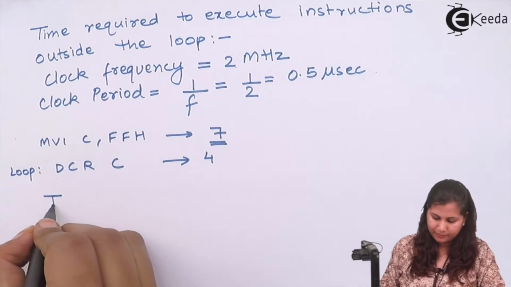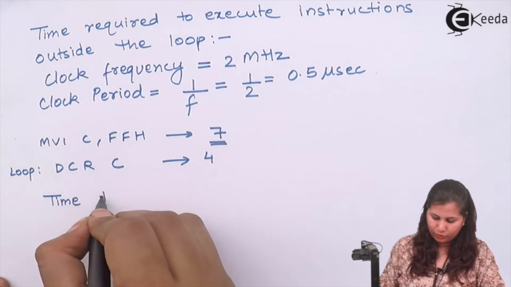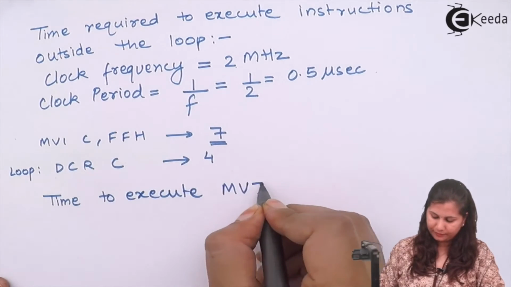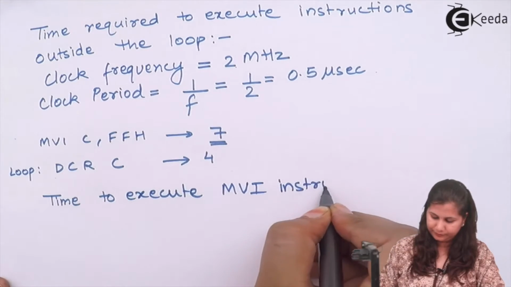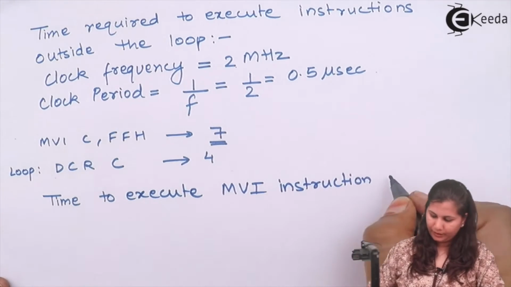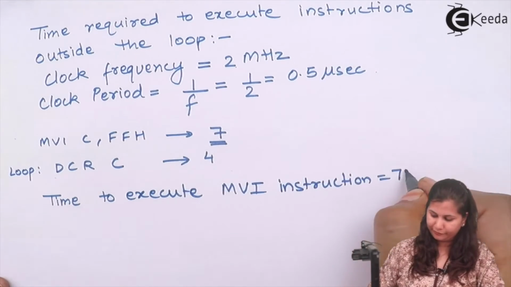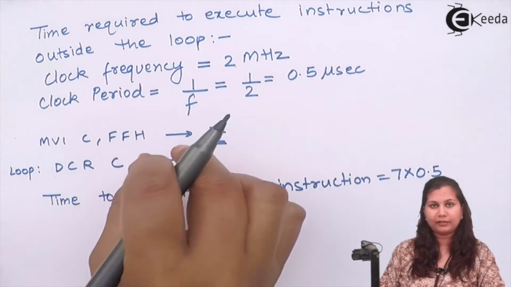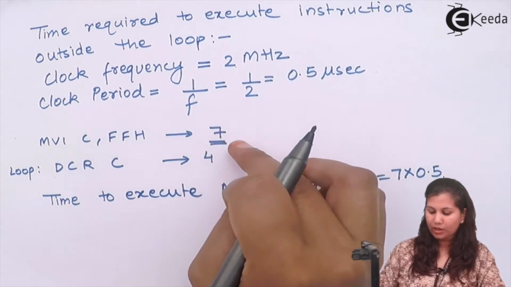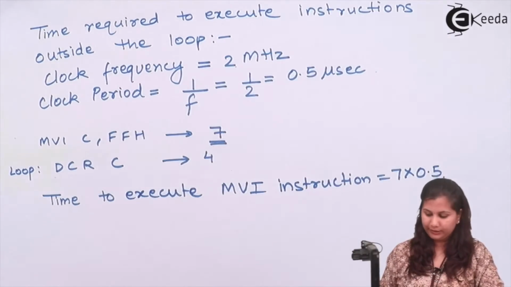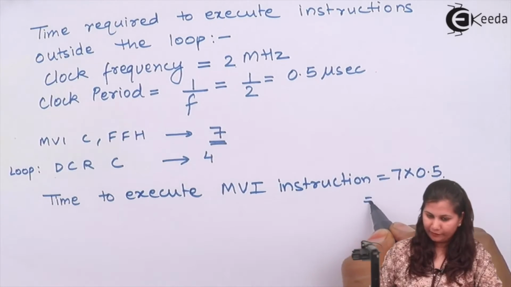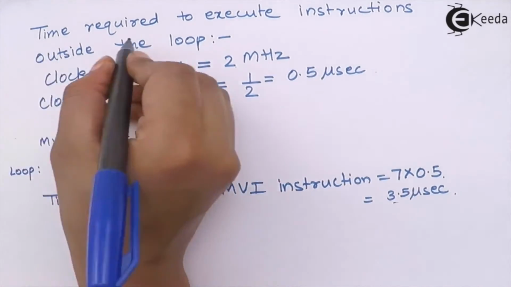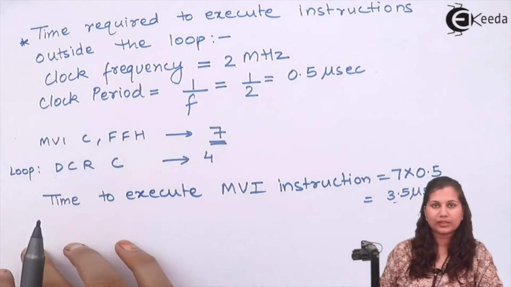Time to execute the MVI instruction is 7 into 0.5, because the clock period is 0.5 and 1 clock period is equal to 1 T state. So 7 into 0.5 is 3.5 microseconds. This is the time required to execute the instructions outside the loop.